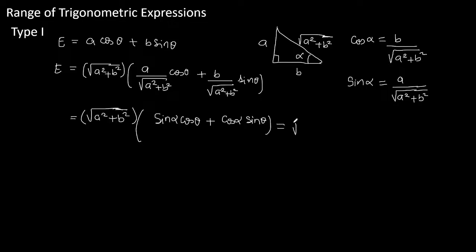We can write it as root under a square plus b square, sin alpha cos theta plus cos alpha sin theta, which is sin alpha plus theta.